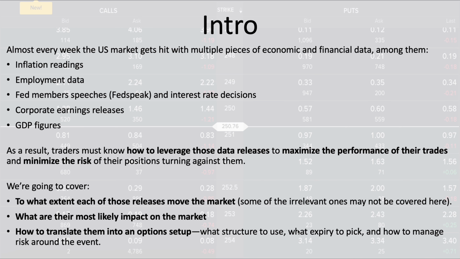But basically, the purpose is to see what the most likely impact on the market is, and then how you can leverage this information in your trades. So without further ado, let's go.